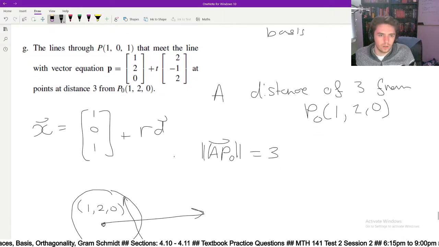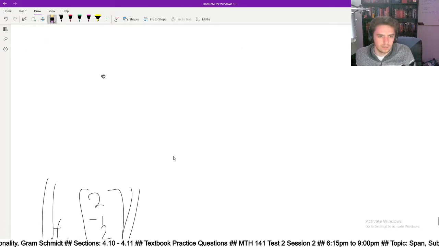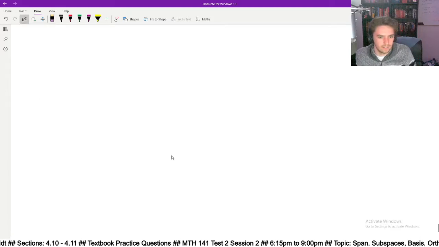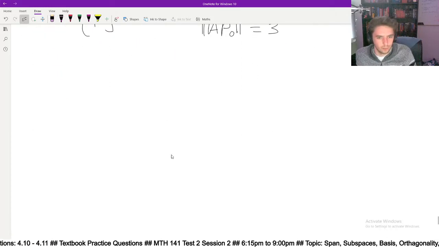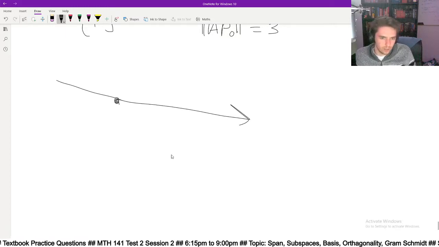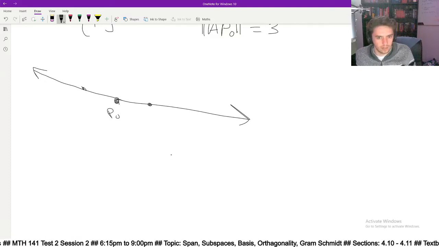Oh, no. I see. Okay. Yep. I see. So we have a line. It goes there. It also goes backwards. There are 2 places on it where the distance from P naught is 3. That distance is 3. That distance is 3.